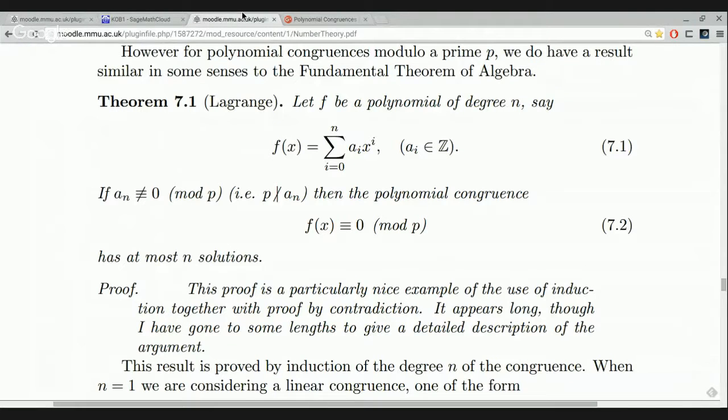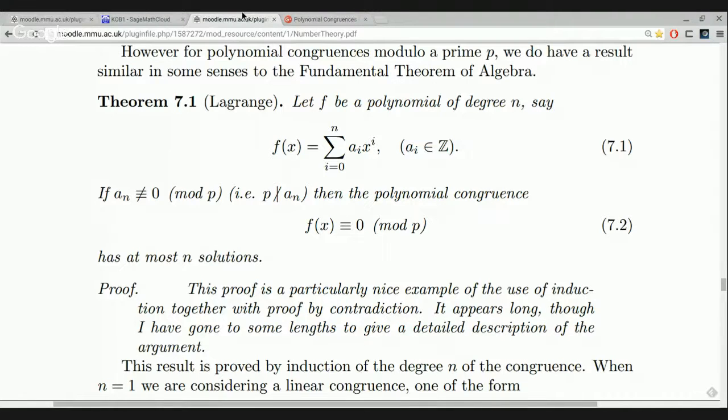There's a little comment here before the proof. The proof's a particularly nice example of the use of induction together with proof by contradiction. It appears long in the notes, but I've gone to great lengths to give a lot of explanation for it there. For today, we won't simply read through it, but I'll sketch out the main important steps of it on the overhead as we go.